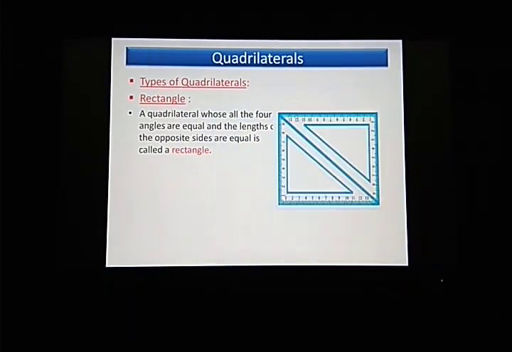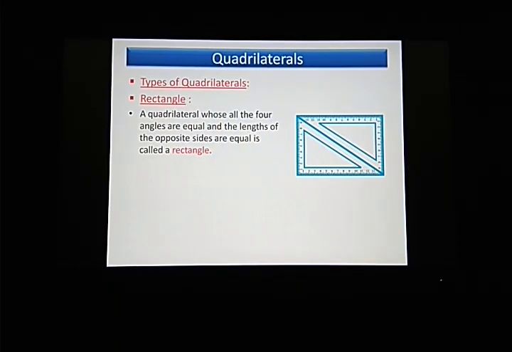With the help of set squares, we'll be explaining this topic. Say for example, we take two set squares of this dimension: this is 60 degrees, this is 30 degrees and this is 90 degrees. So we take two set squares of 30, 60 and 90 degrees, and then we arrange them in this way, one upon the other, and whatever resulting figure we get is a rectangle.